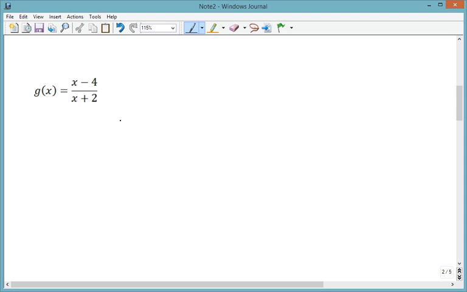That's really close to 1. And the bigger you get, like 1,000,000 minus 4 and 1,000,000 plus 2, that's just really close to 1,000,000 over 1,000,000. So the 4 and the 2 don't mean anything when we let x start getting large.